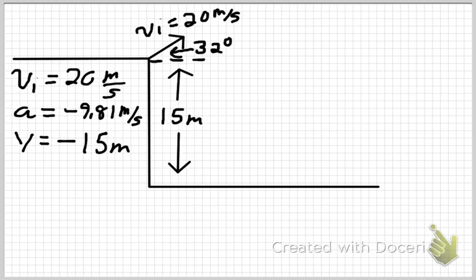So the first thing you're going to have to find is your velocity initial in the y direction. So using velocity initial in the y equals velocity initial sine theta initial.